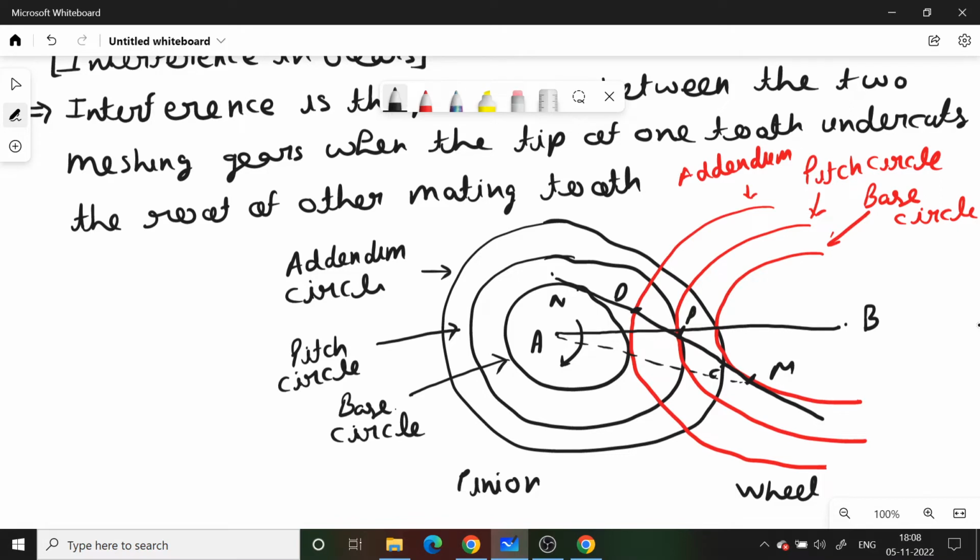Hence the tip of the tooth on the pinion will then undercut the tooth on the wheel at the root and remove part of the involute profile of the tooth on the wheel. Therefore, interference occurs in the mating of two gears. This phenomenon, when the tip of the tooth undercuts the root of its mating gear, is known as interference.